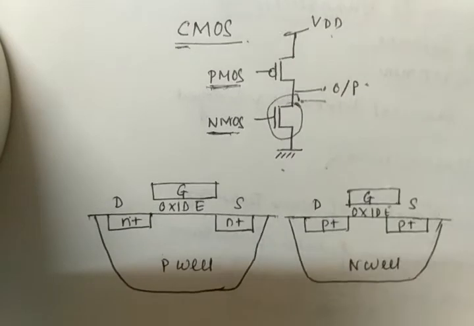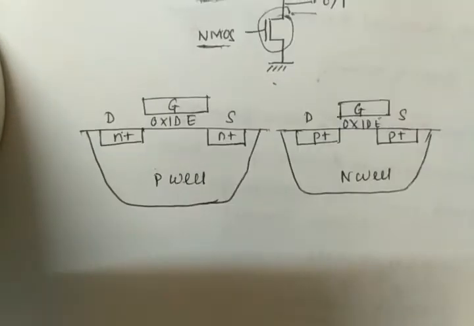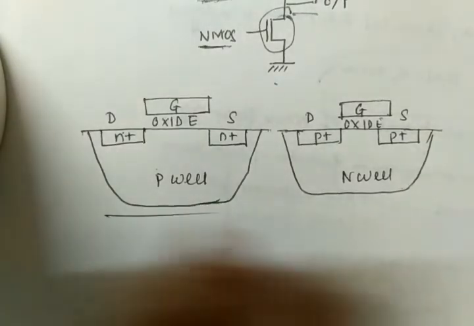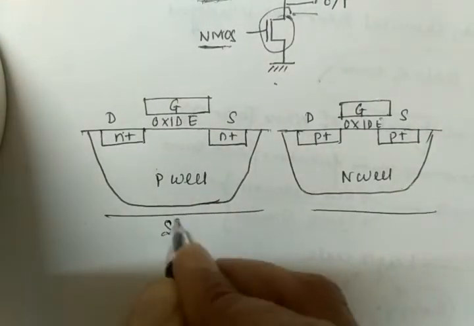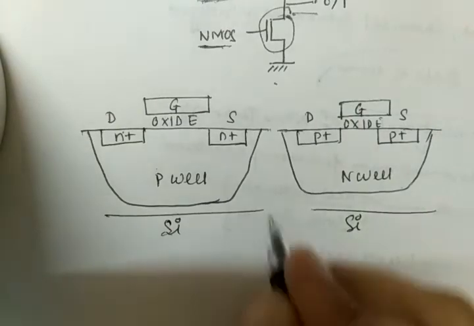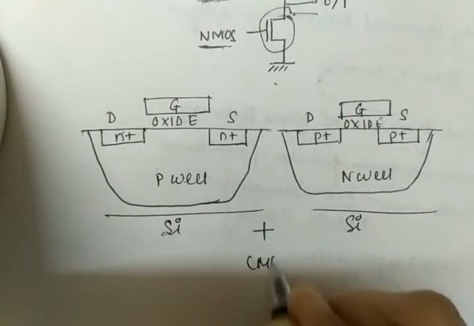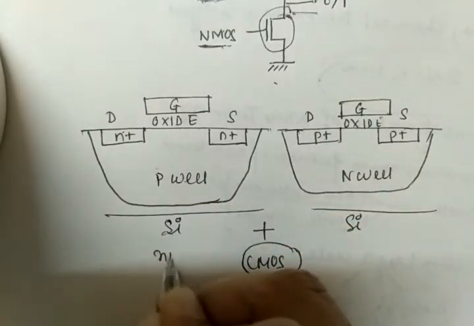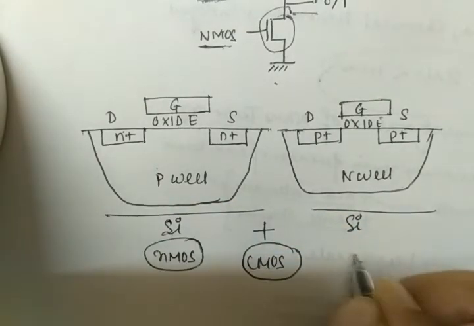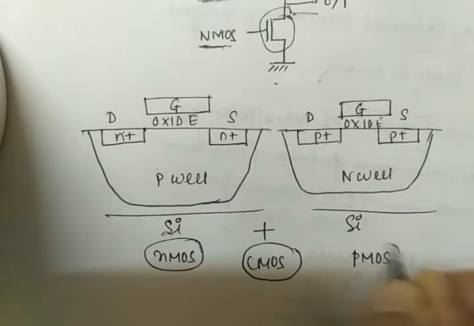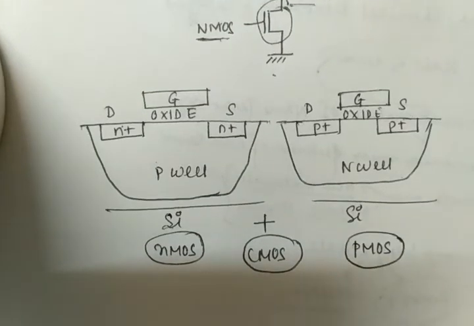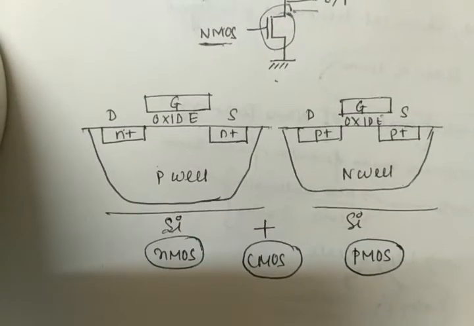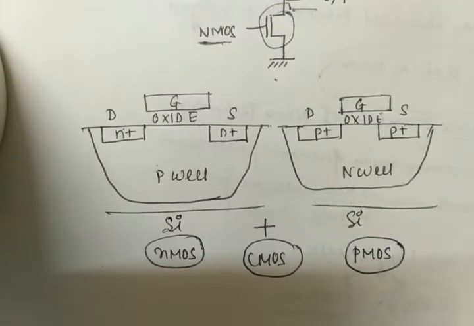But if we want to see what an N channel MOSFET and a P channel MOSFET are, I must say the substrate is a silicon substrate. Here it is NMOS and here it is PMOS. I think these are very well known to you because they have already been covered in your device and analog electronics courses.